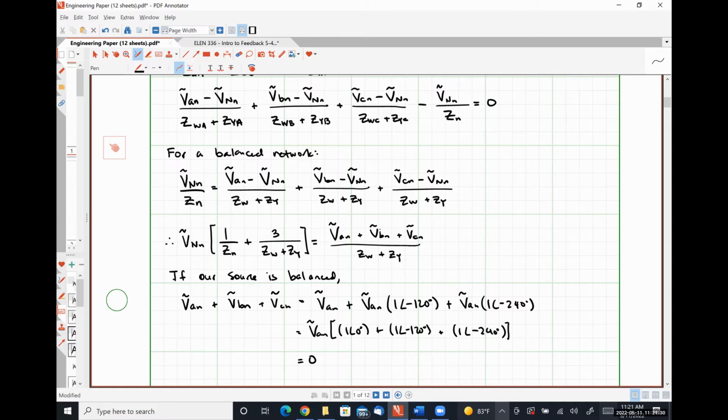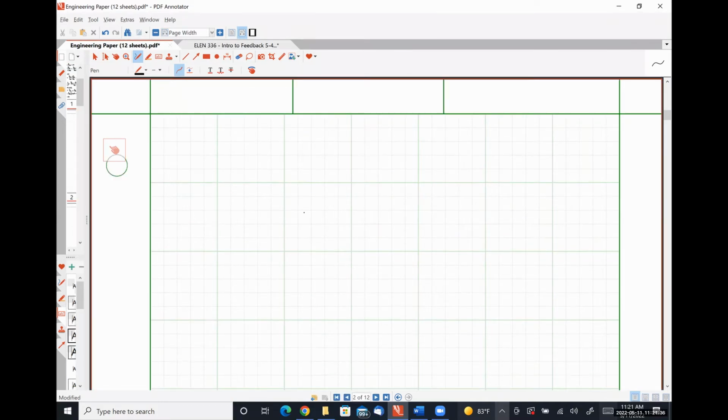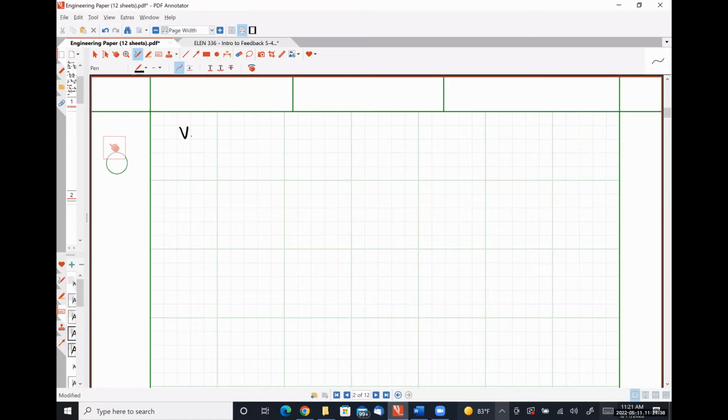So we can say definitively that the voltage drop across the neutral conductor, VNN, is equal to 0 volts. This is critically important.